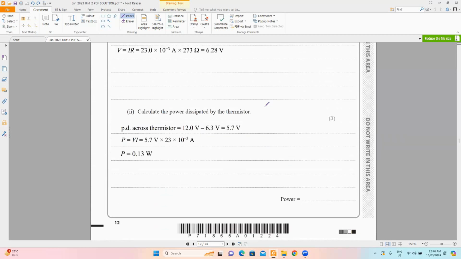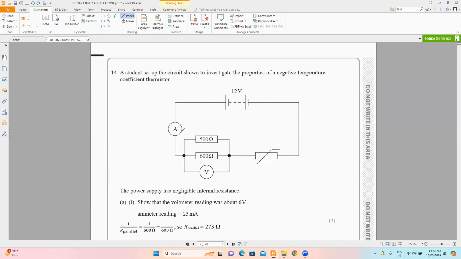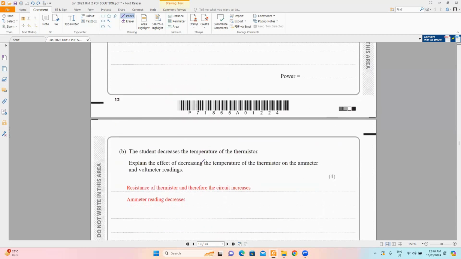Now, if the current decreases, the resistance of this parallel branch remains the same. And according to V equals IR, if the current decreases, the voltage, as in the voltmeter reading, also decreases.